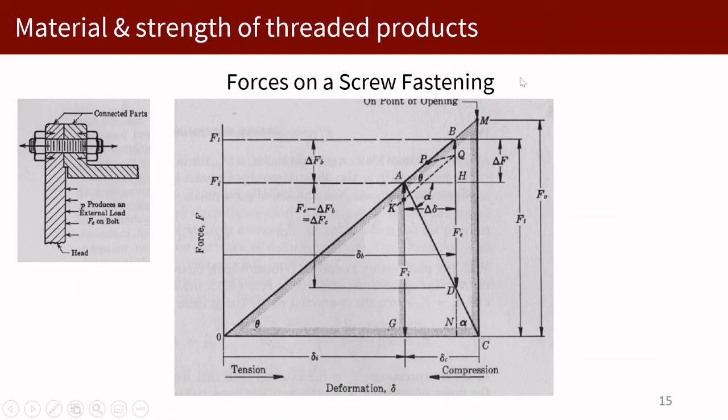Okay, so assuming walay bending, buckling or any defects sa atong connected parts ug sa atong bolt and nut. So at the tightening operation within the elastic range of both the connected parts and the threaded members, ang relation sa force ug ang deformation is linear.